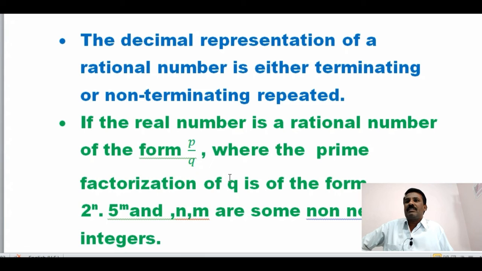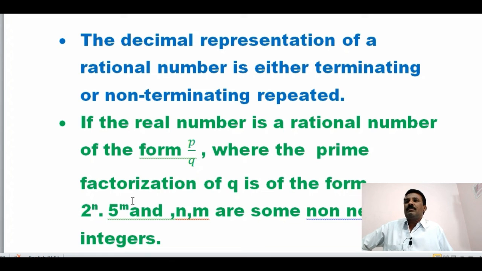It is of the form P by Q, where the prime factorization of Q is of the form 2 to the power of n into 5 to the power of m.